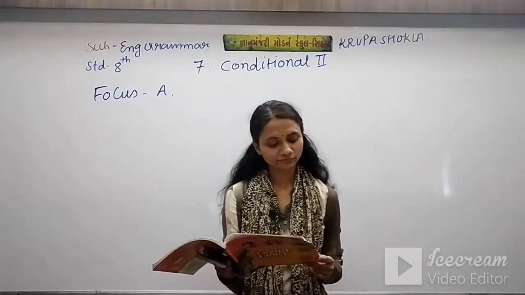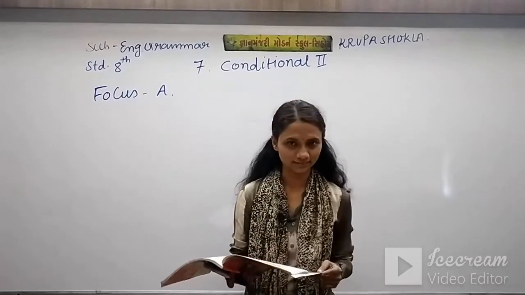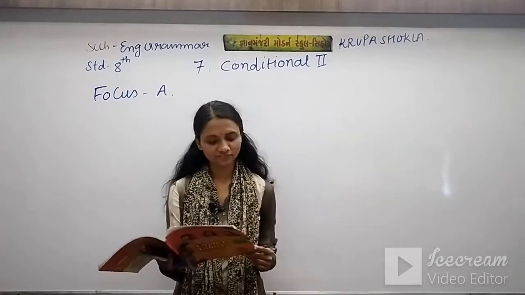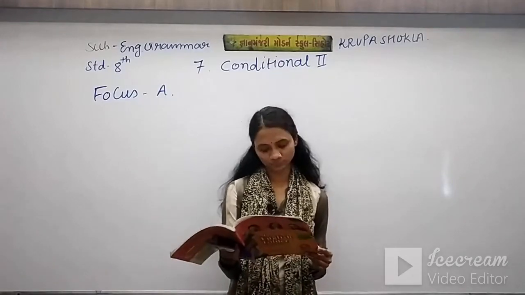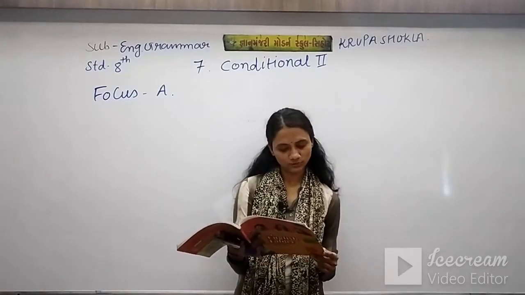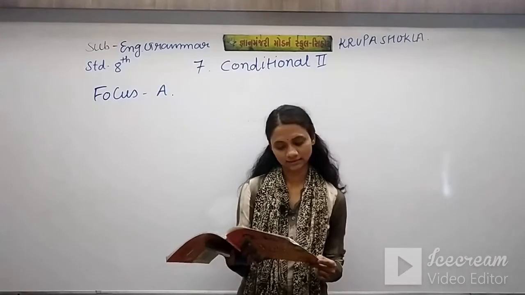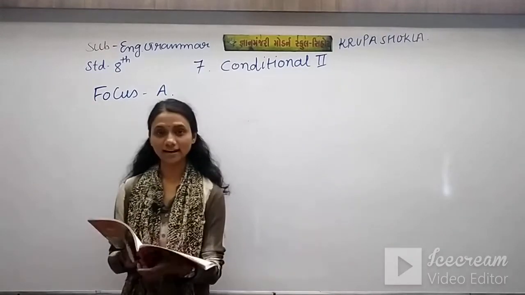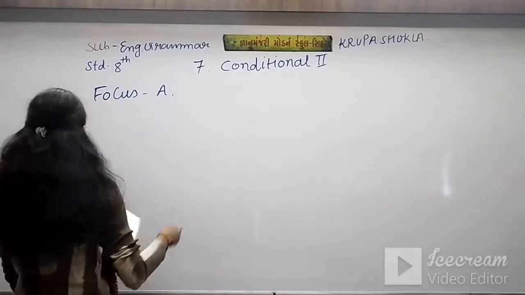First is, if Fred were a girl. Fred is a boy here, so it's an imaginary sentence. If Fred were a girl, we'll choose B, he would be a good ballerina. So I'll write the answers here, okay?